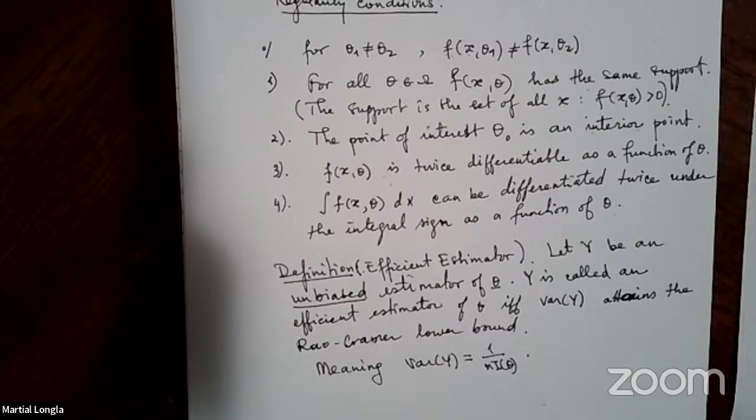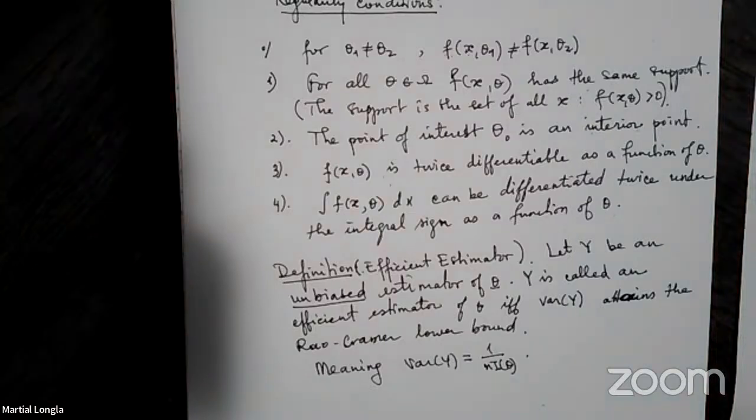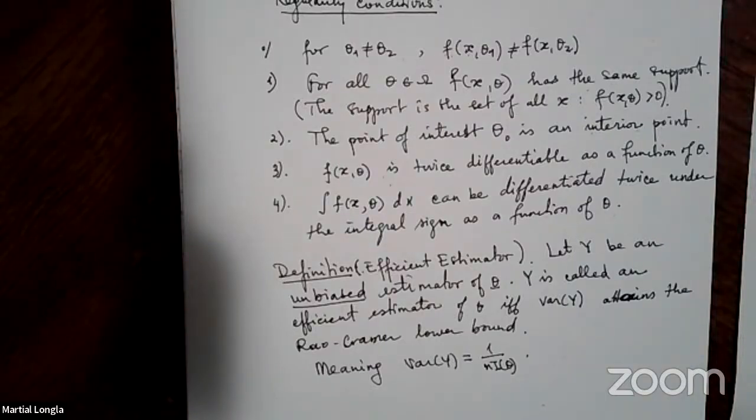Just exactly as in the example that we just used, the expected value of Y was equal to theta. So it was an unbiased estimator, and so it is an efficient estimator. So X bar is an efficient estimator of theta in the problem that we used to explain this.